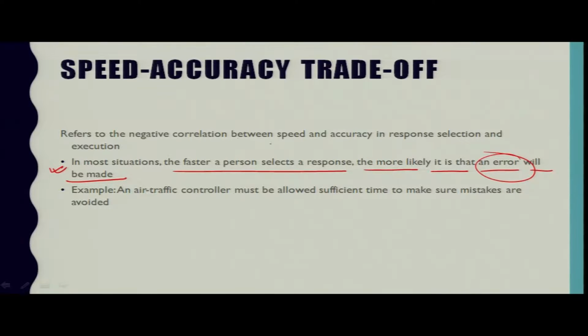That is the kind of example taken to understand speed of performing the task and accuracy in terms of results. So there is a negative correlation between speed and accuracy in response selection and execution.